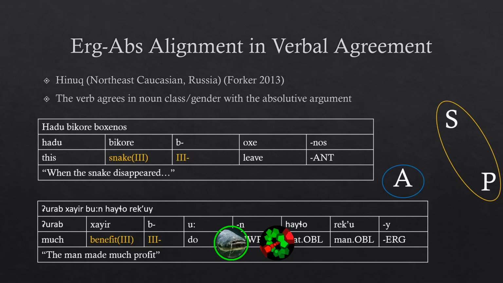Interestingly, I read this somewhere, so don't quote me on this because I may be misremembering. But I think there's a kind of observation or prediction that you have languages that are absolutive in verbal agreement but nominative in case marking, but not the other way around. I think. No, wait. Yes, yes.